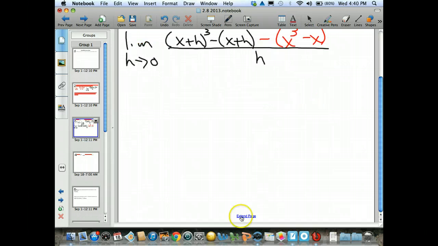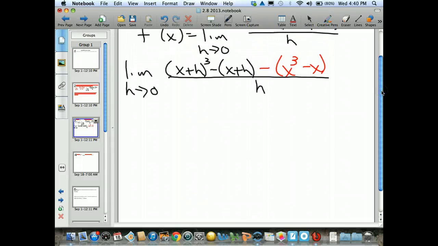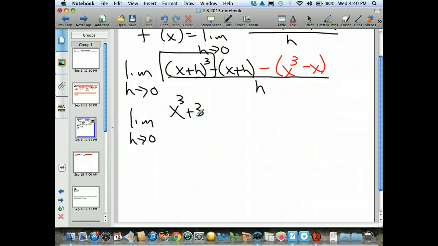Now, this simplifies a little bit when we cube this. We want to take x plus h cubed, so x plus h cubed is x cubed plus 3x squared h plus 3xh squared plus h cubed. You should have learned that from Pascal's triangle or from binomial expansion.